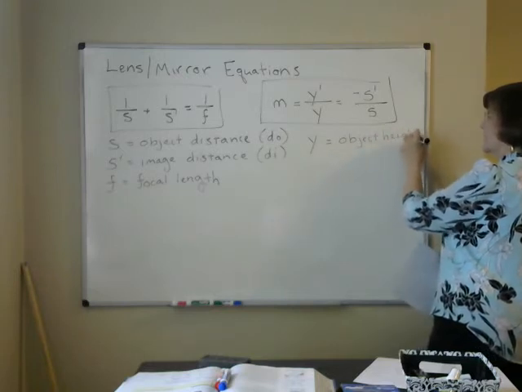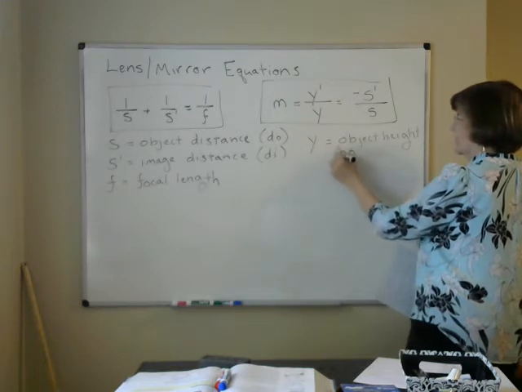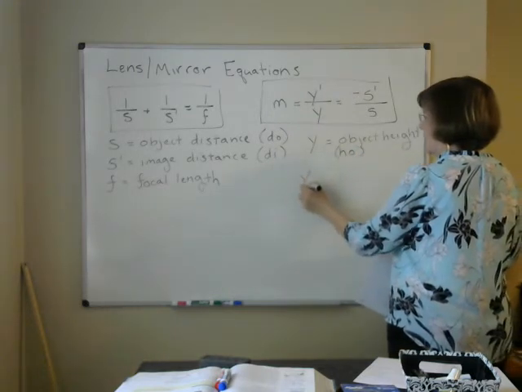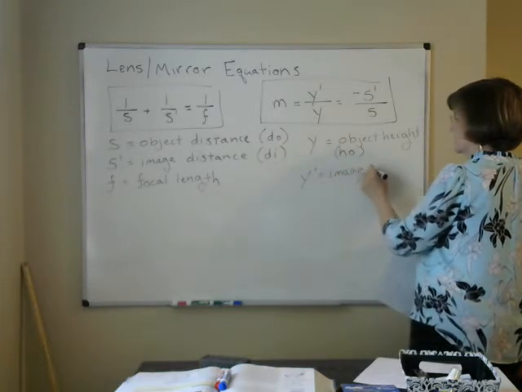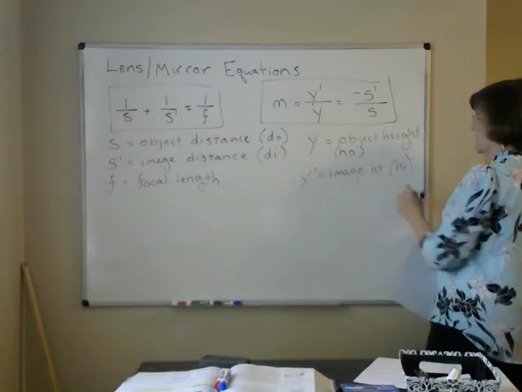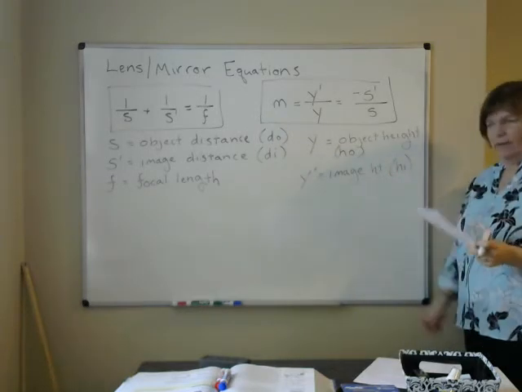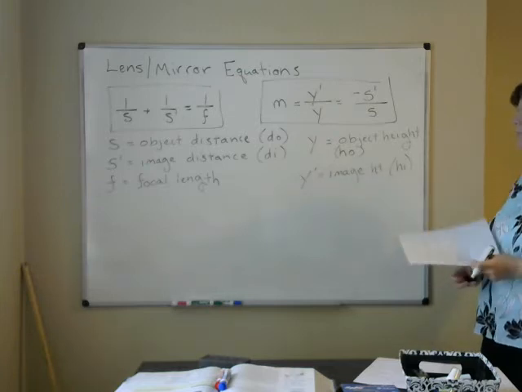In your geometric optics lab, they use HO. y prime is the image height, and they use HI, looks like the word high, on the lab. So don't let that confuse you. It's really easy.